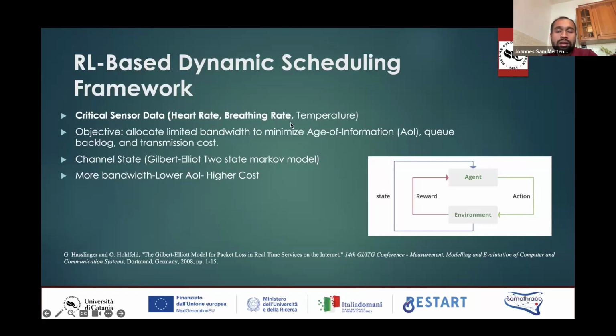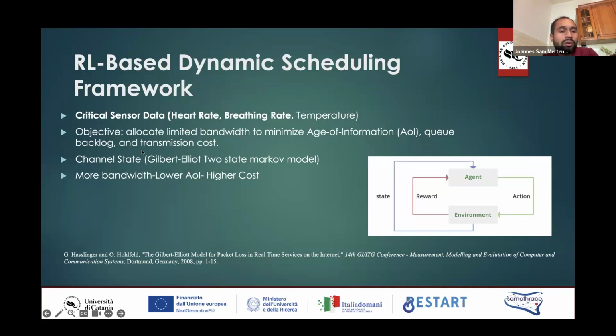There is also a single queue, meaning a single channel. So the reinforcement learning agent has to prioritize the critical data, use the bandwidth efficiently, and take action whether to send the heart rate data or the breathing rate data instantly in the channel.